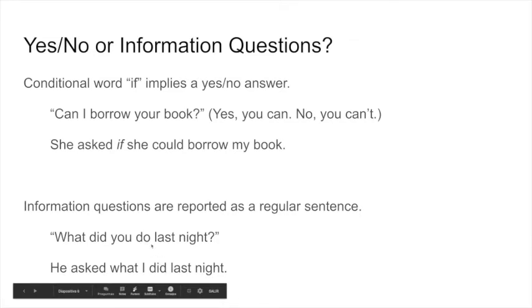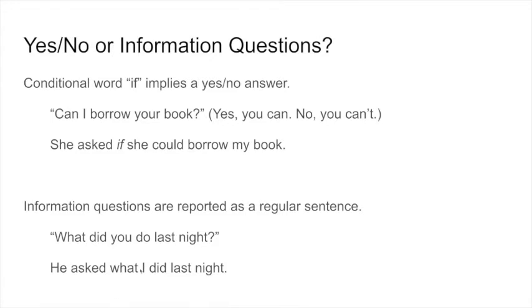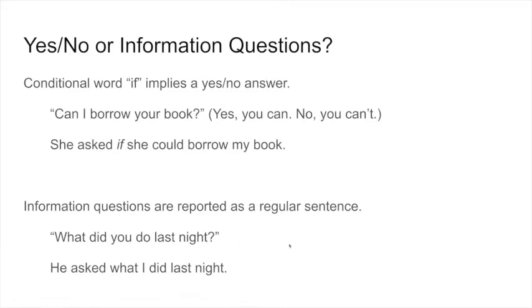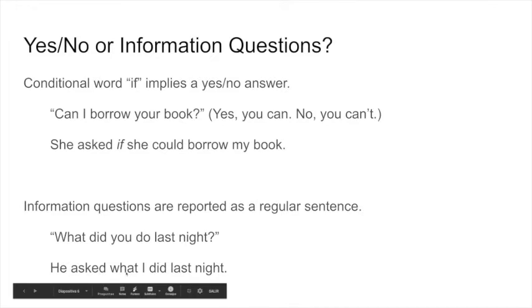And we don't need an auxiliary because we're using the affirmative word order. So he asked what I did last night. It's a simple, regular sentence, just like the ones that we learned in the other video. He asked what I did last night.